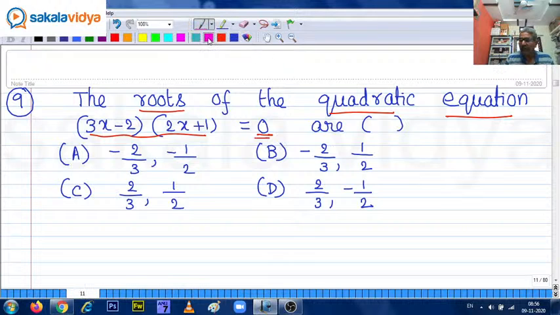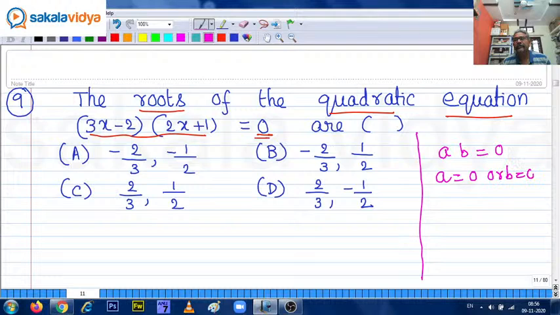So we have one concept here. What is the concept actually? If the product of two numbers a into b equals 0, then a is equal to 0 or b is equal to 0. So you remember this condition. This condition is very, very important. With the help of this one we can find the roots.